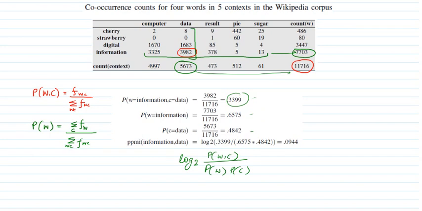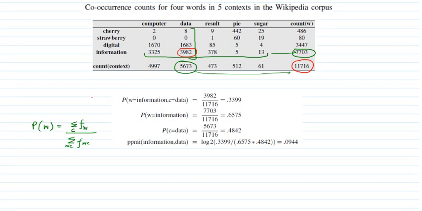So you see, in this way we can calculate the pointwise mutual information for all the words with respect to all the contexts, and we can do this for all words as target words and all words as context words.